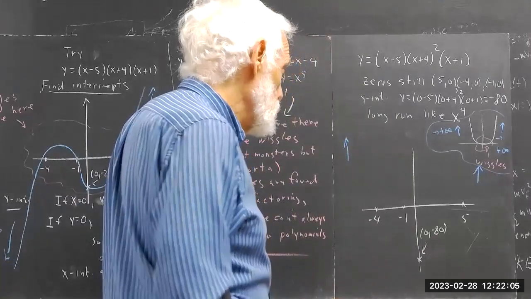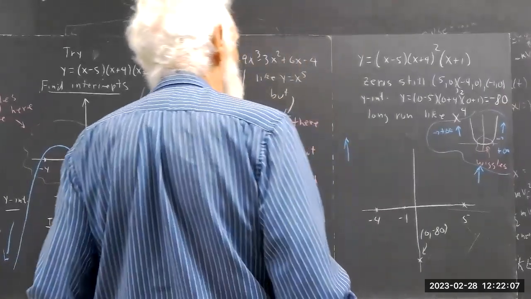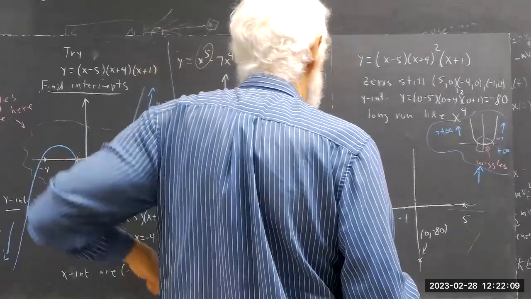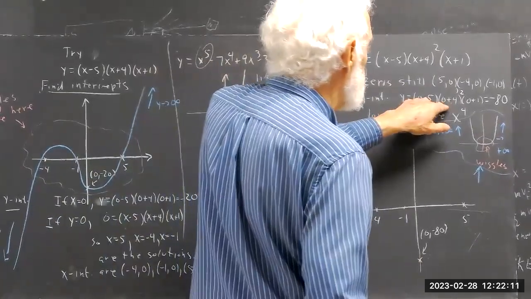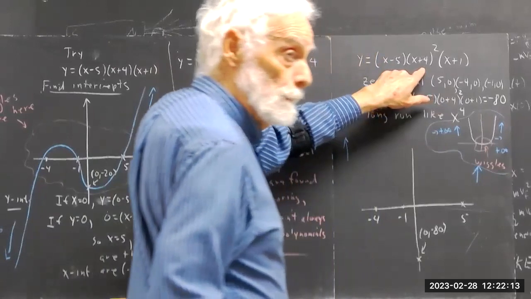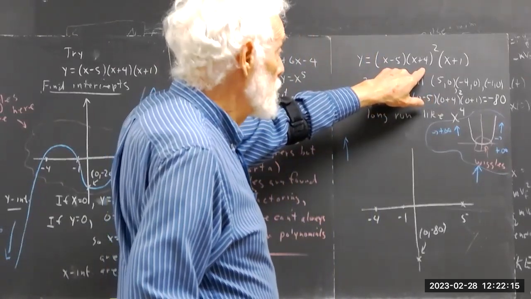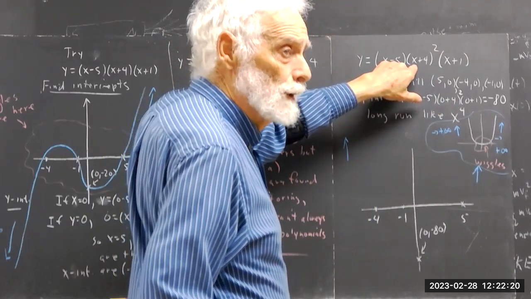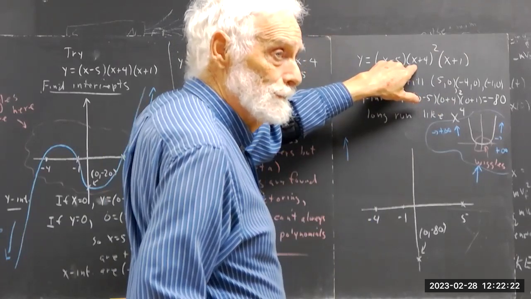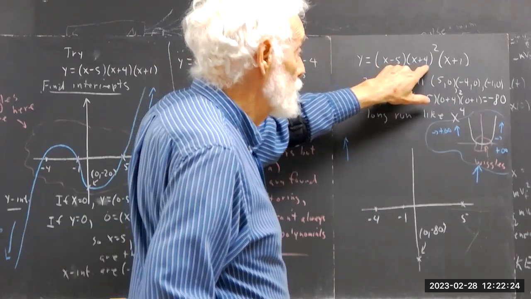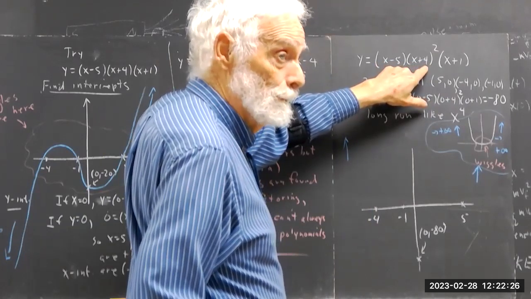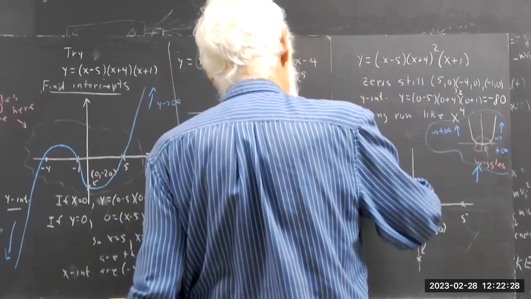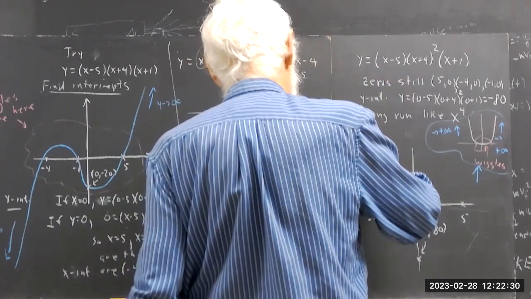Well, so what we do is we notice that the x plus 4 is squared, which means that this behaves like a horizontally shifted x squared graph. There, x equals -4. So the graph does this.